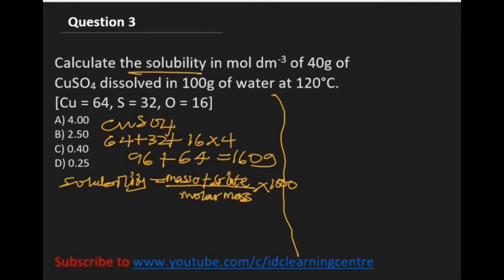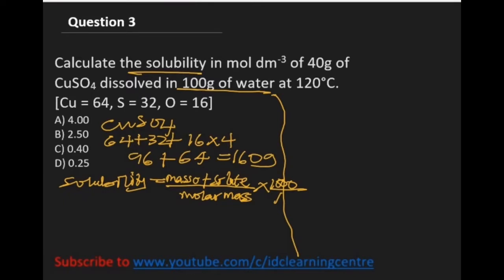The question says that this copper 2 tetraoxosulphate 6 was dissolved in 100 grams of water, so when solving, we include the 100 grams of water underneath the 1000.